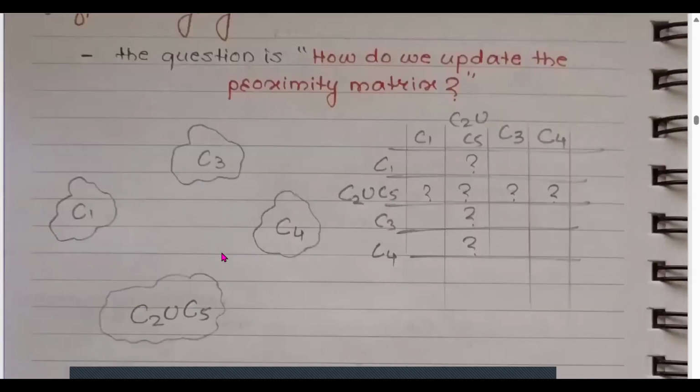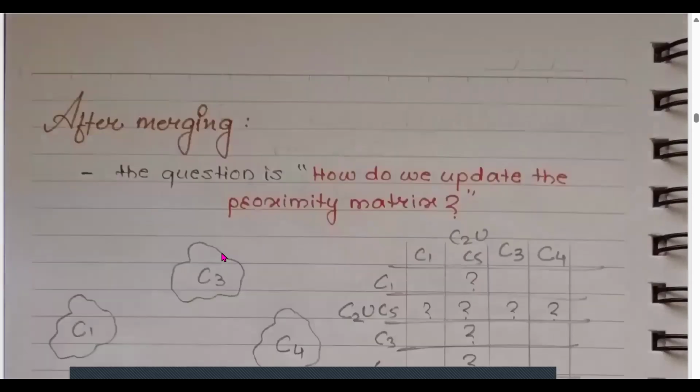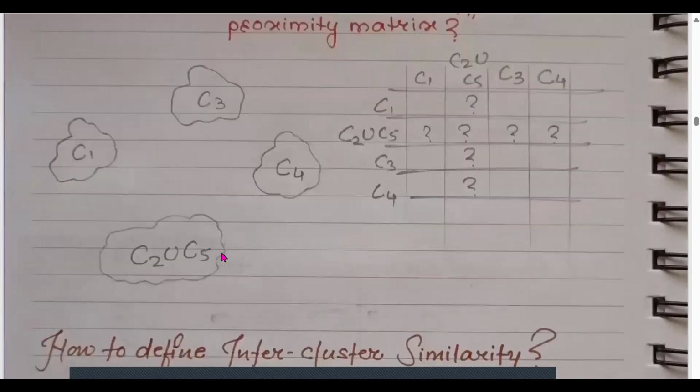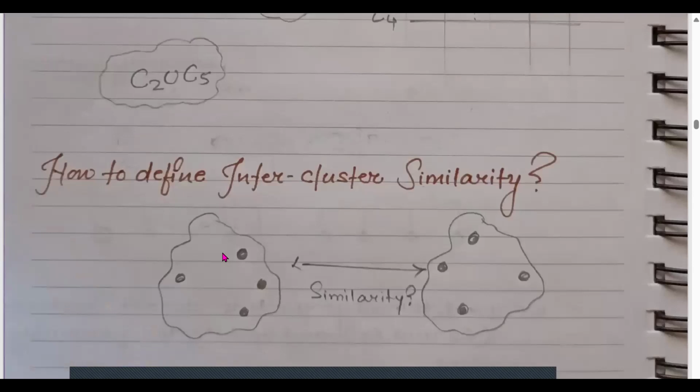After merging, the question is how do we update the proximity matrix? How to define inter-cluster similarity?